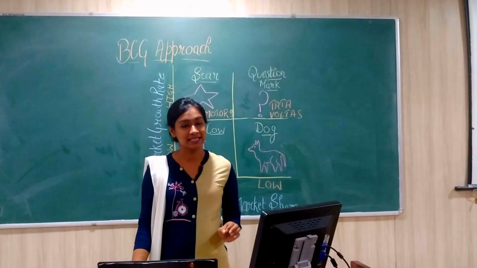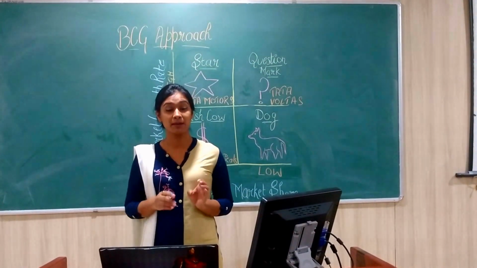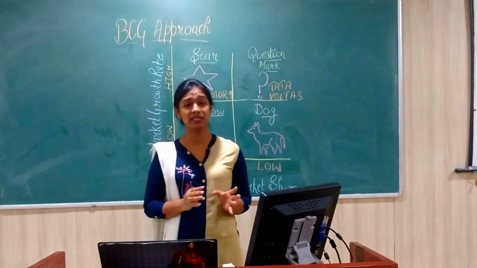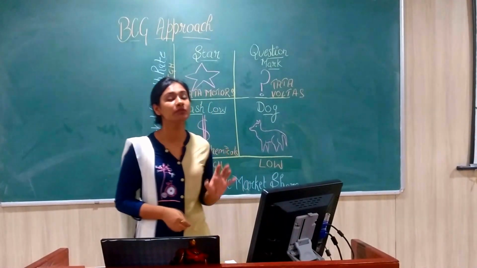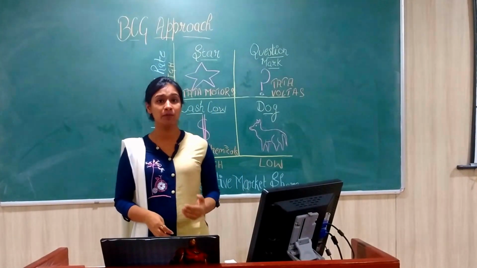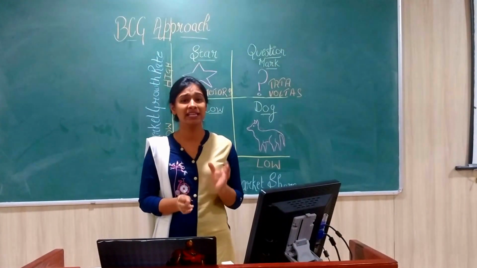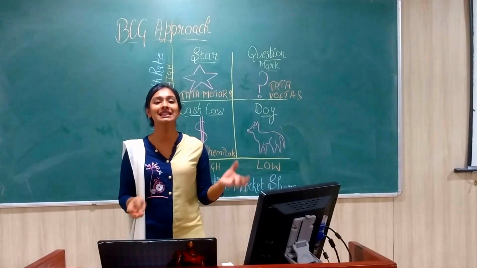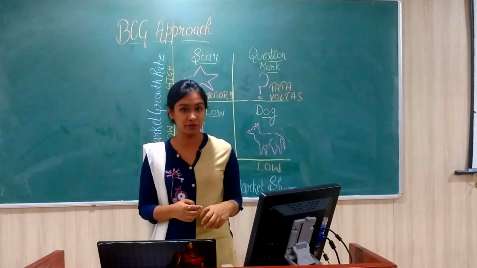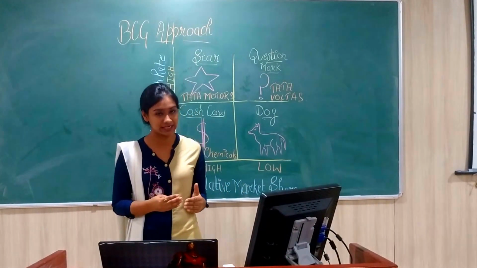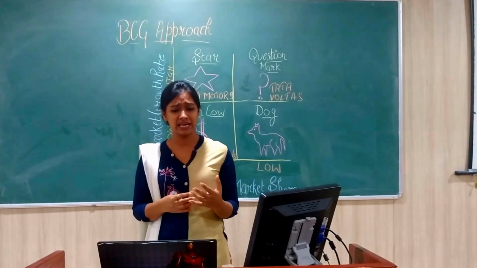After classifying these SBUs, the companies have to decide on 4 strategies for each of their SBUs: whether they want to hold their current position, or invest much more so that they can get a huge amount of profit, or build more market share.